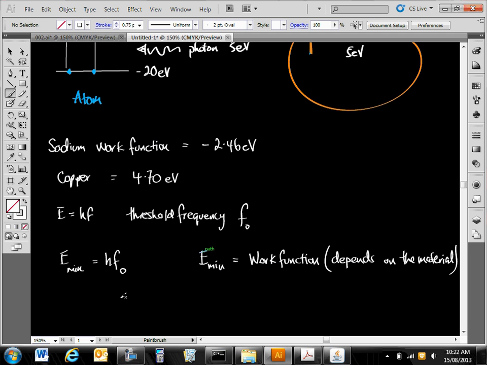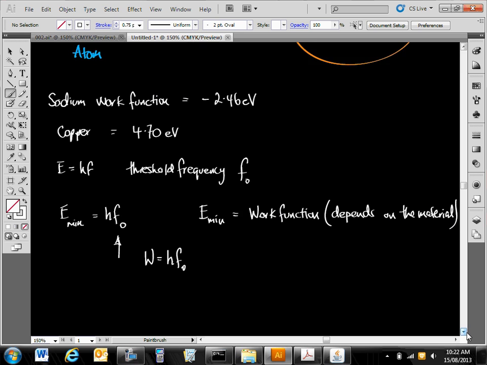Note that this value, the work function, is calculated by this. So I've just said that the minimum energy, which is also the work function, is equal to Planck's constant multiplied by the threshold frequency.